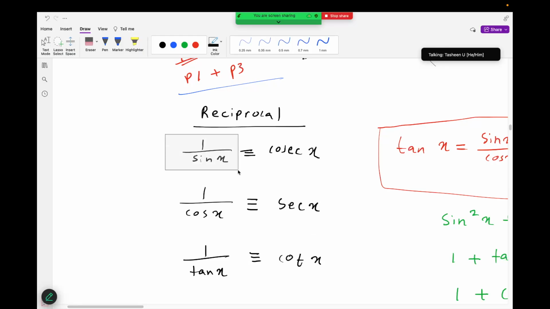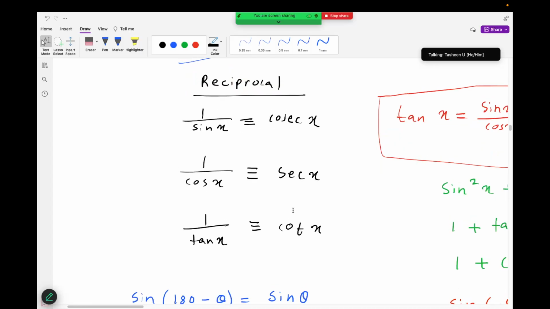The full form for sin is sinusoidal, if I'm not mistaken, for cos it is cosine, and for tan it is tangent. Cosecant, secant, cotangent, if I'm not mistaken. So 1 upon cos is secant x, and 1 upon tan is cot x. These three identities you already know.